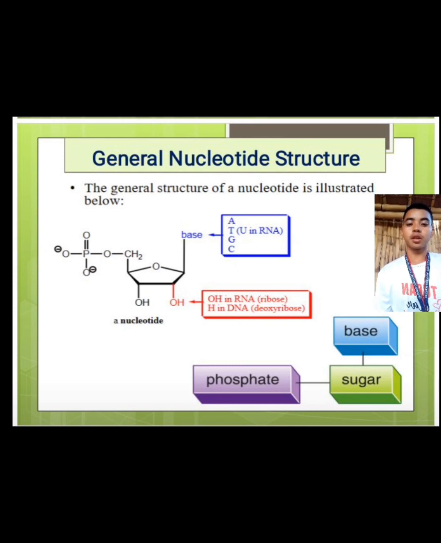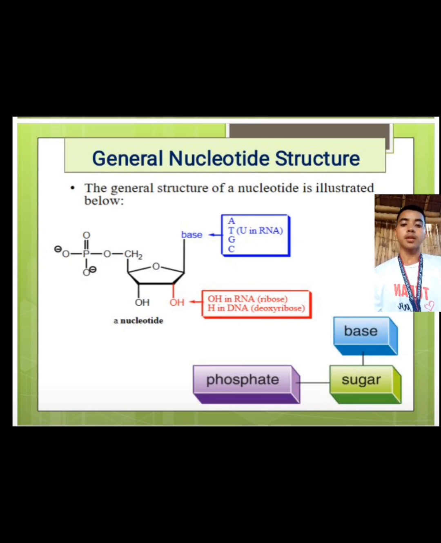The phosphate group links the sugars of adjacent nucleotides together, forming the backbone of the nucleic acid chain. Together, these components create the basic building blocks of DNA and RNA, essential for storing and transmitting genetic information.